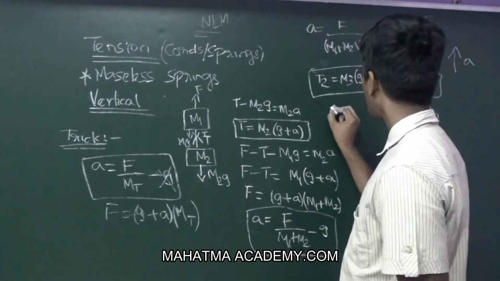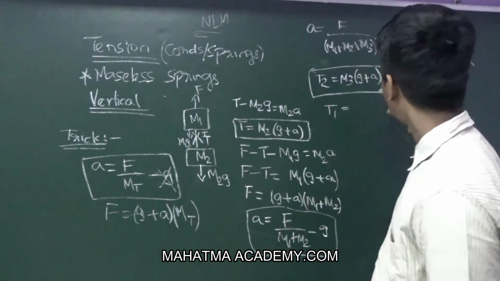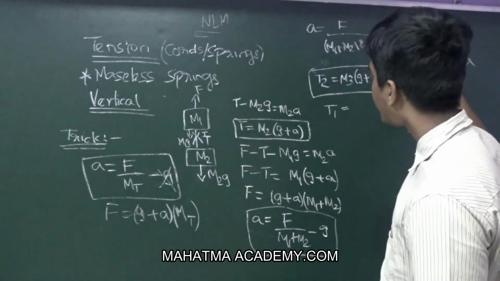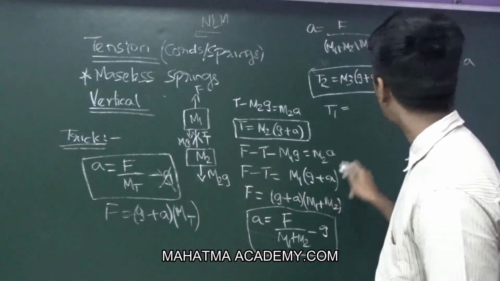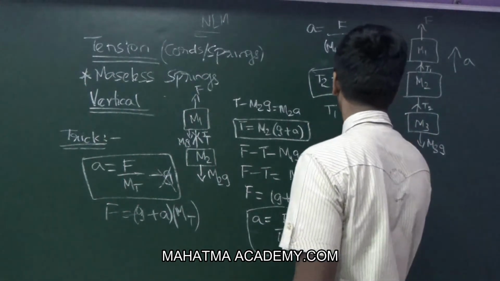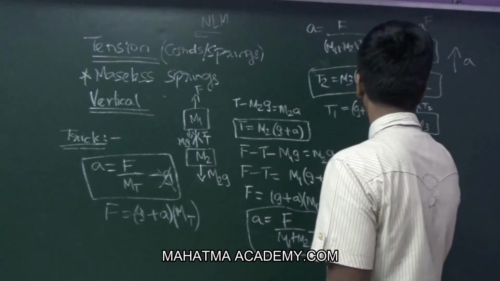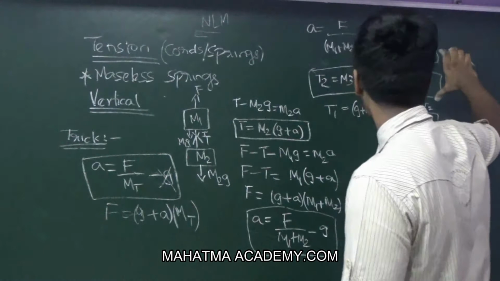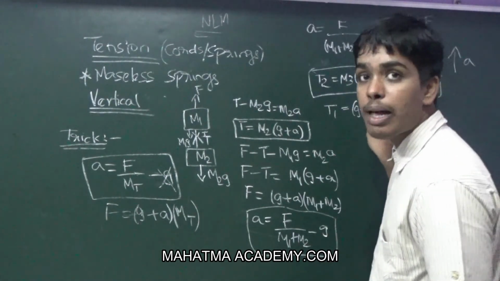Now for T1, as seen here, we get the force as (G plus A) into (M1 plus M2), and here (G plus A) into (M2 plus M3). Now for the force, we will take the three masses: (M1 plus M2 plus M3) into (G plus A).